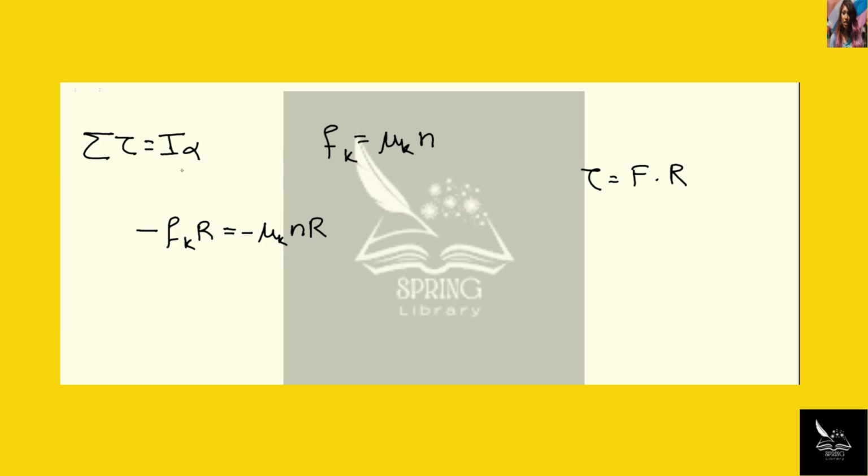Now, if we apply this part of the equation, we'll see that I is basically half of m r squared, and the reason for that is because we're considering the grindstone as a solid disk and the axis is through the center.